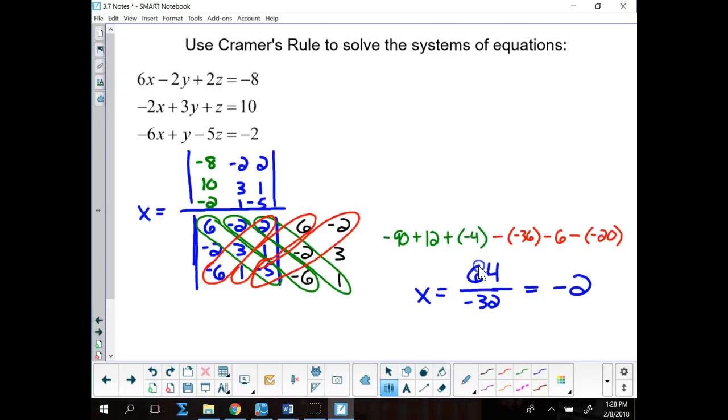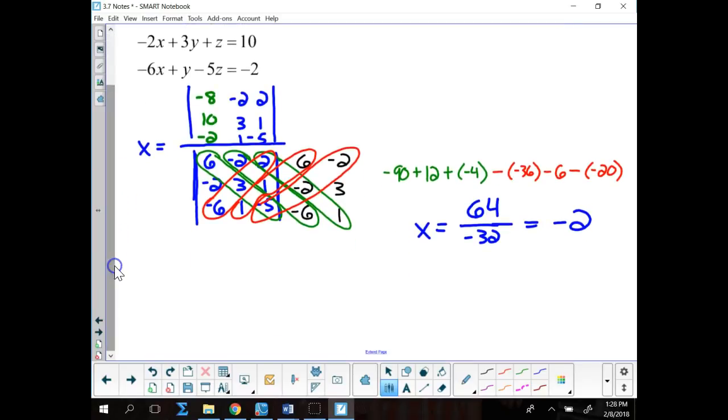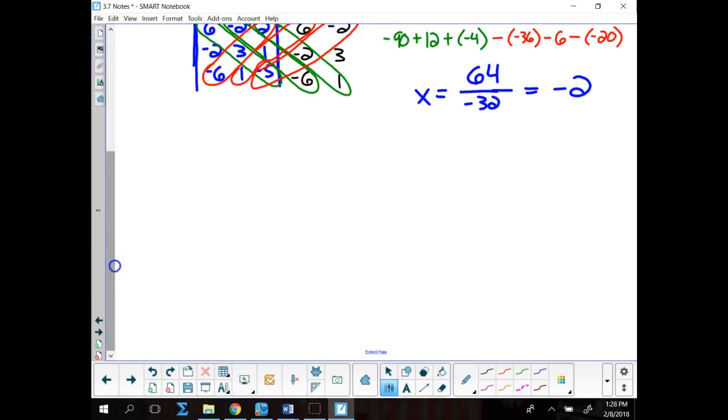Okay. Now we've got to solve for y. I know that it's going to be over negative 32. The denominator matrix is 6, negative 2, and negative 6, 2, 1, and negative 5.